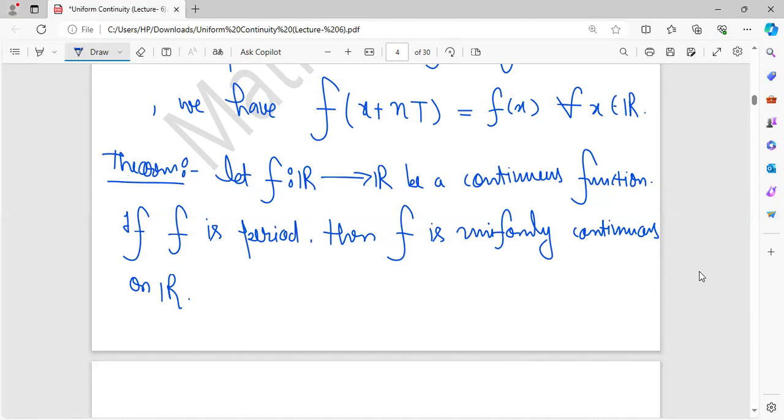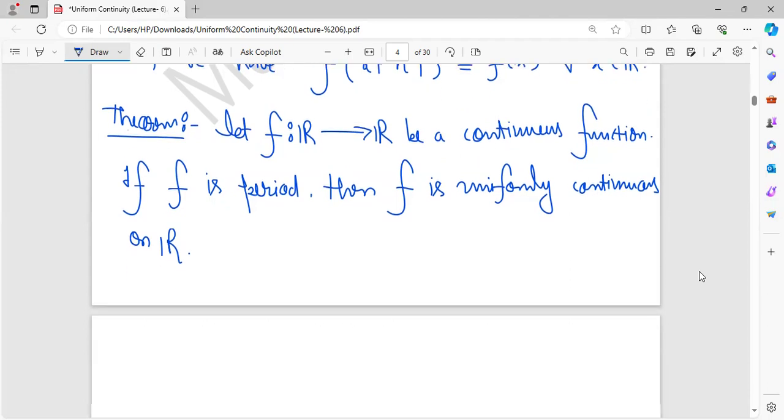If we can prove this result, automatically sin x, cos x, sin square x, cos square x, sin x plus cos x, sin x minus cos x, all these functions are going to be uniformly continuous, because we already know that these functions are continuous on R. So let's see its proof.